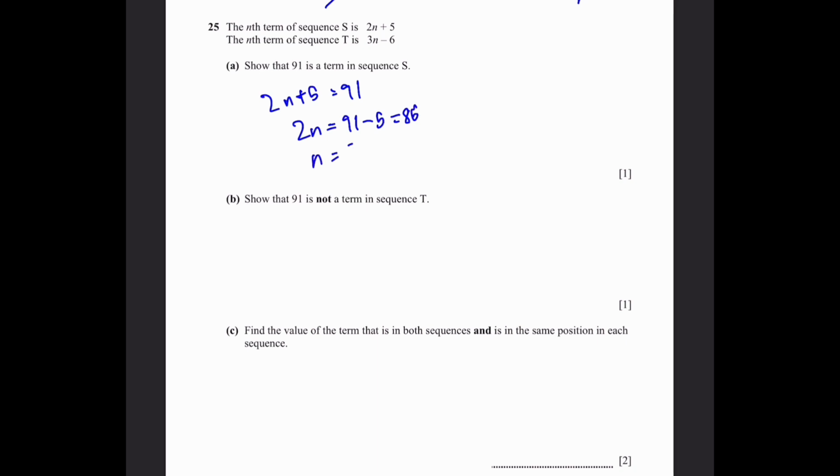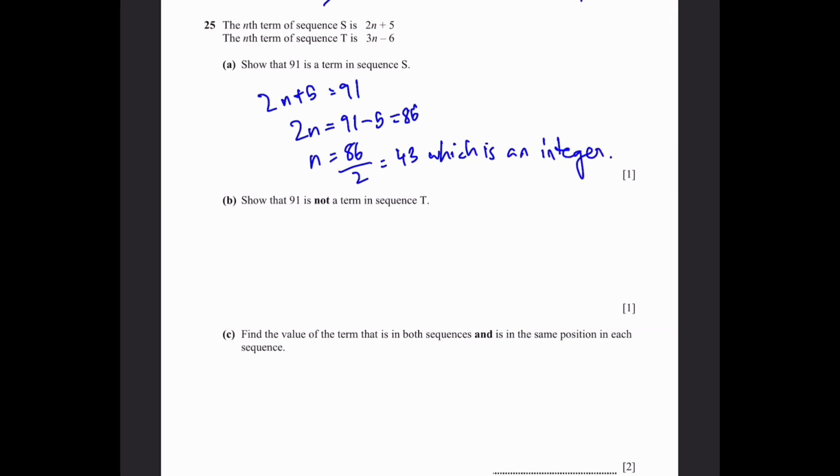And now n is equal to 86 by 2, which is equal to 43, which is an integer. Because 43 is an integer, that's why 91 is actually a term in sequence S, which is 2n plus 5. So this is proved. That's the answer.